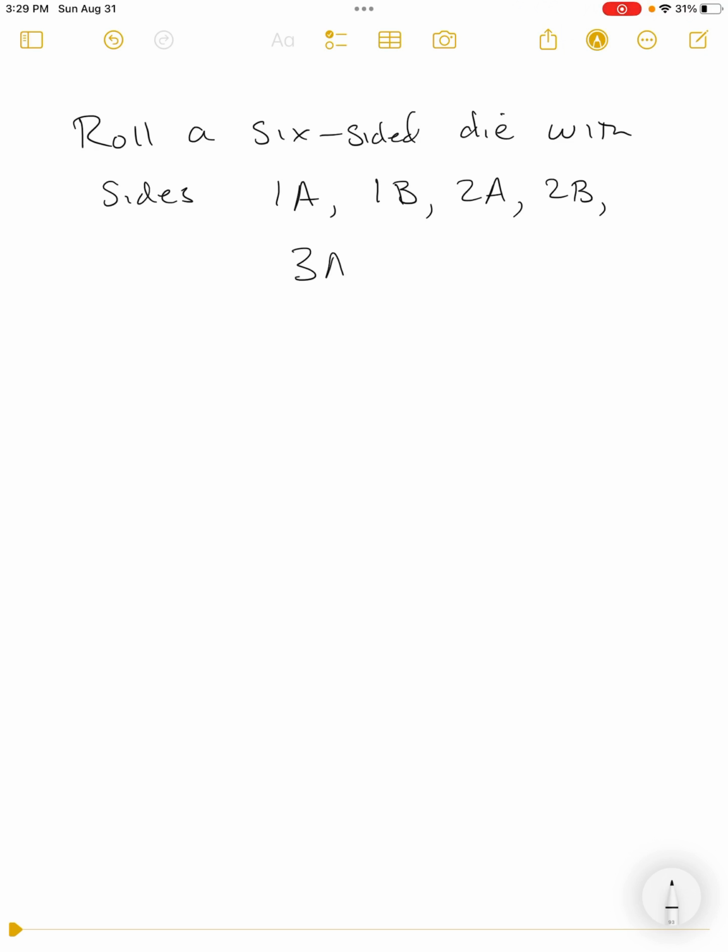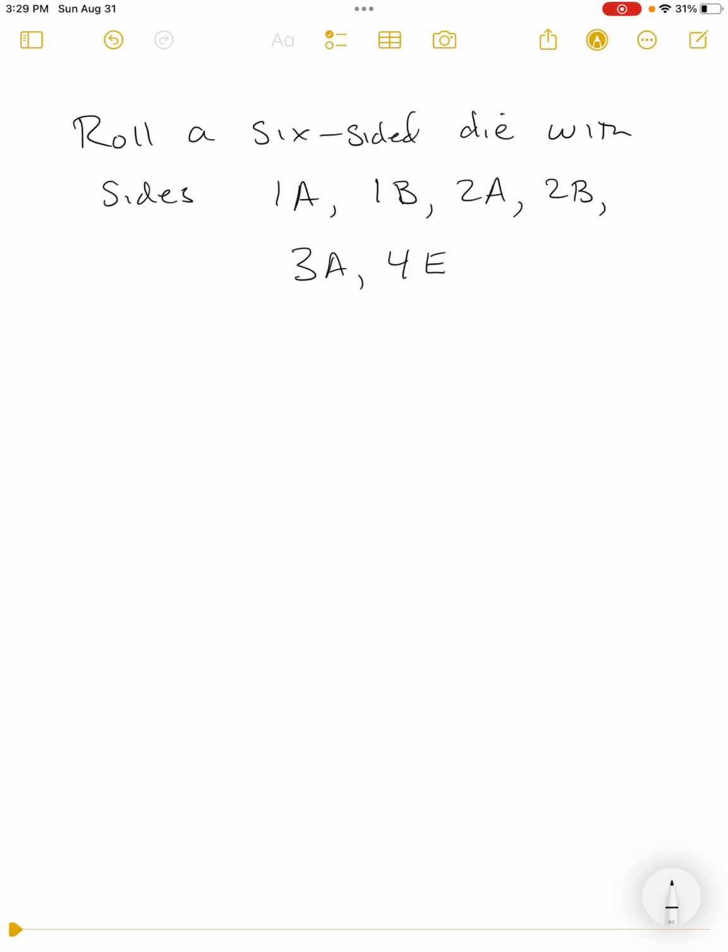And so as I look at an example, they're going to say, roll a 6-sided die with sides 1A, 1B, 2A, 2B, 3A, 4E. Let's just make that up right there. So there's my 6 sides.